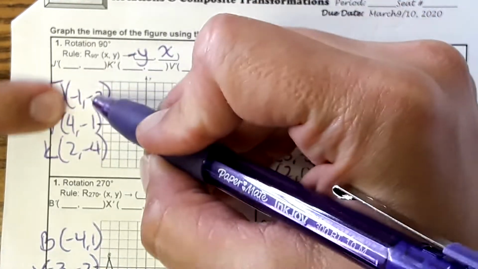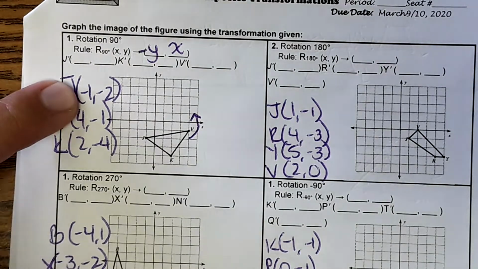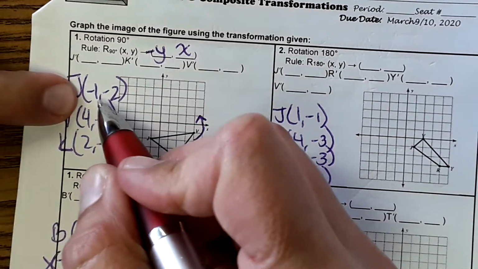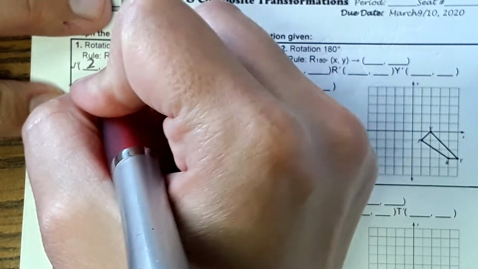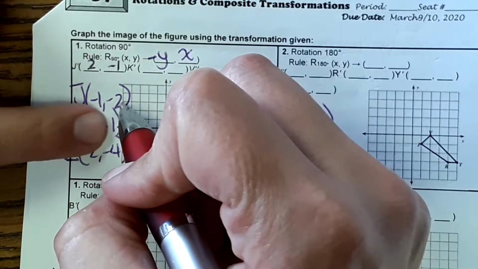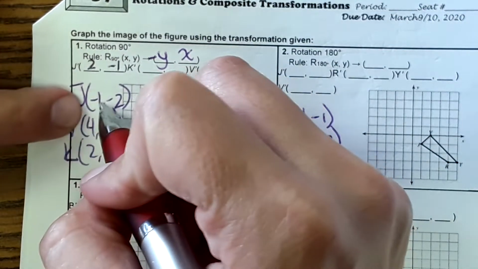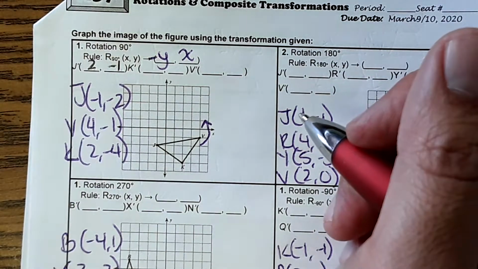We're just going to use this rule to transform our points. So for example, J would then be positive 2, negative 1. I'm just taking the y, changing the sign, and then putting the x in this position.